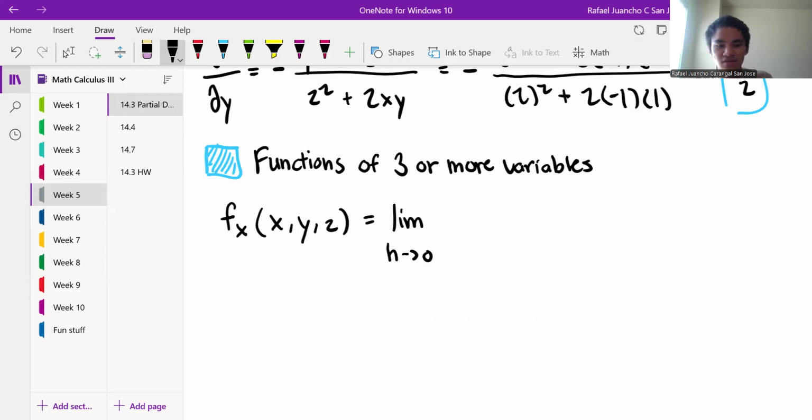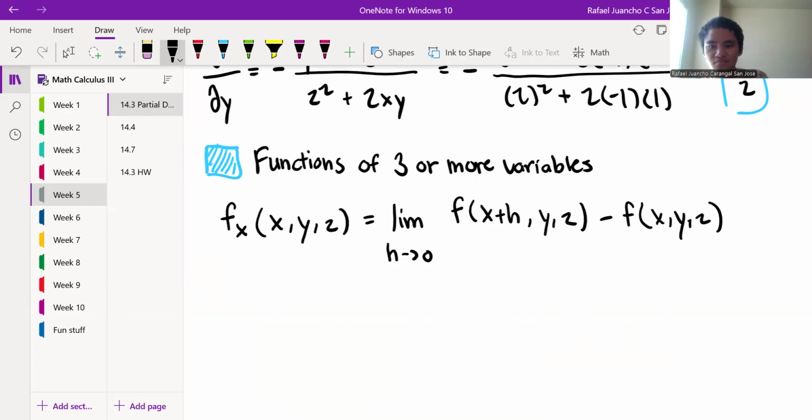So we take the limit as h approaches 0, we have x being the one that changes, we have y, we have z, we subtract our original function, and we divide it by h. This is the limit definition of a derivative, which I did discuss in a previous video.